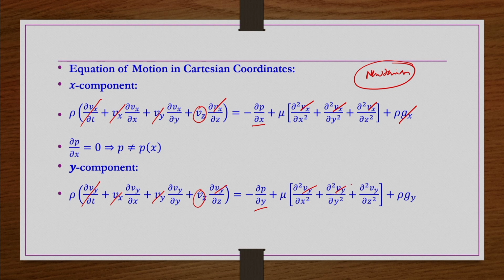Vy is 0, so again all these 3 viscous force terms are 0. Then gravity we are not taking here, horizontal configuration. So, here also we get ∂p/∂y equals 0, that means pressure is not a function of y, right. Next, the z component of the equation of motion in Cartesian coordinates for a Newtonian fluid, if you write.